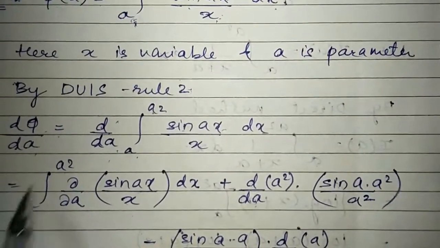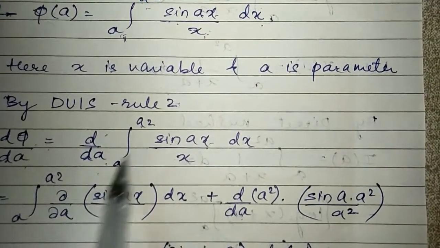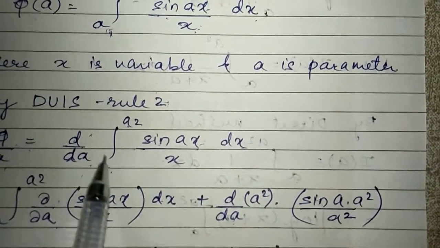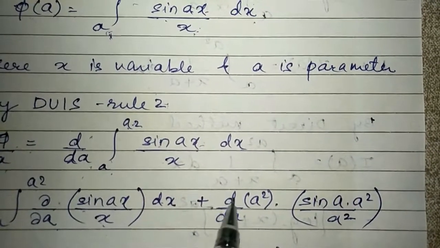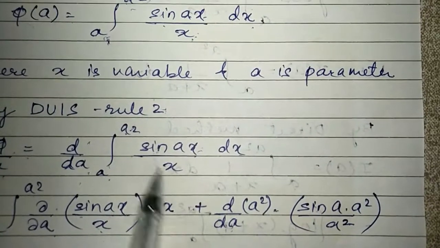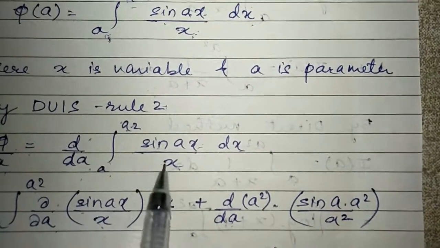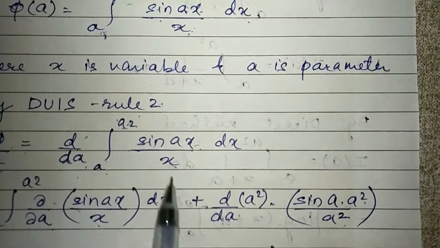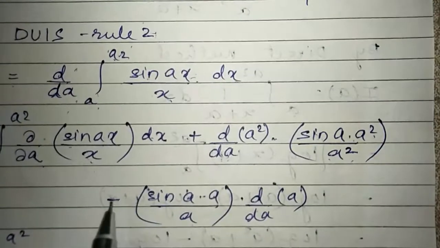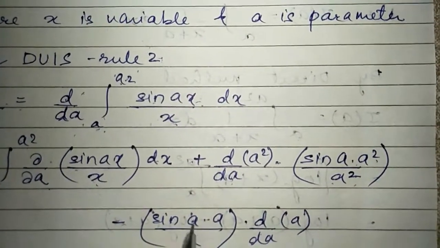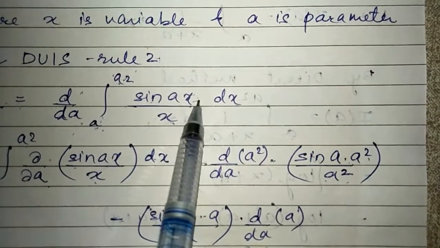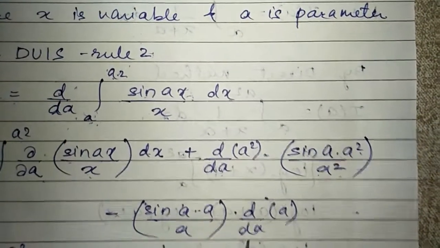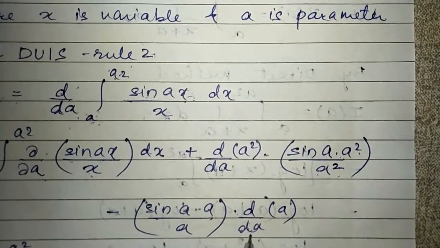It will be integral a to a square, taking the derivative inside the integral sign, ∂ by ∂a of sine of ax upon x dx, plus we differentiate the upper limit with respect to parameter a, that is d by da of a square, into the value of this function for the upper limit, that is sine of a into a square upon a square, for x we substitute the upper limit. Minus the value of the function for the lower limit, so it will be sine of a into a upon a, into the derivative of the lower limit with respect to the parameter a, that is d by da of a.